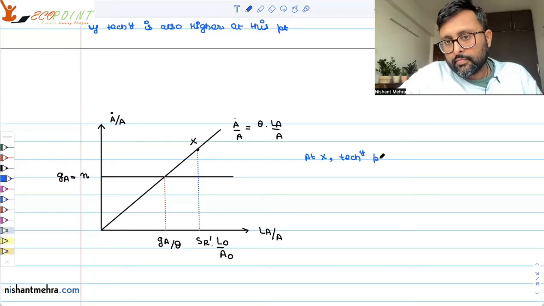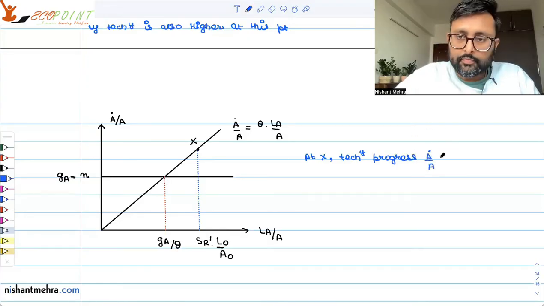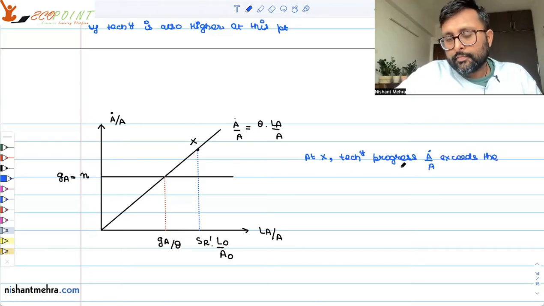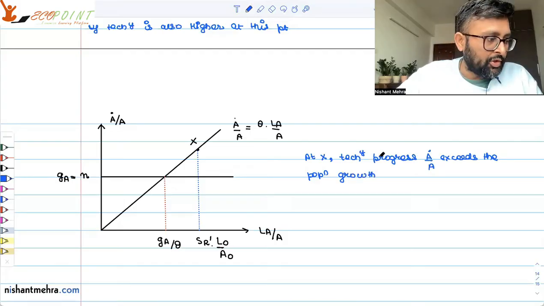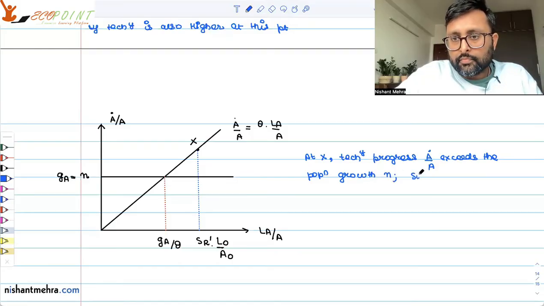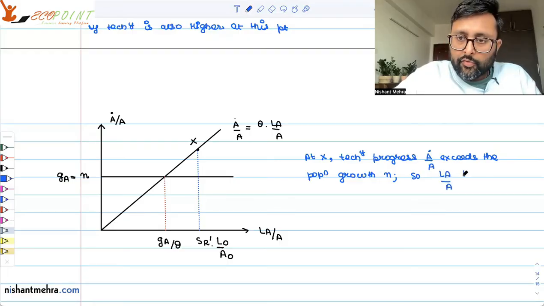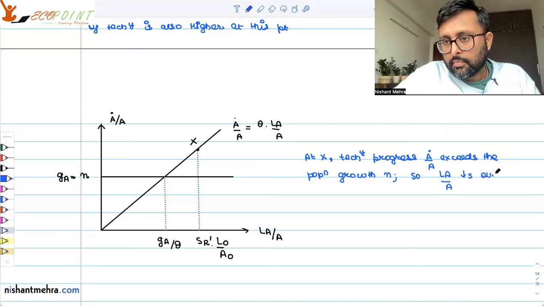At X, technological progress A dot by A exceeds the population growth N. So LA by A falls over time.